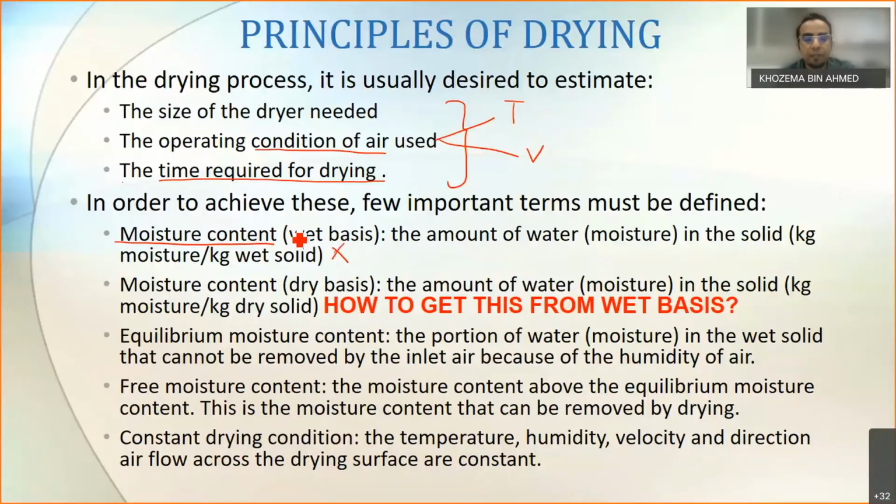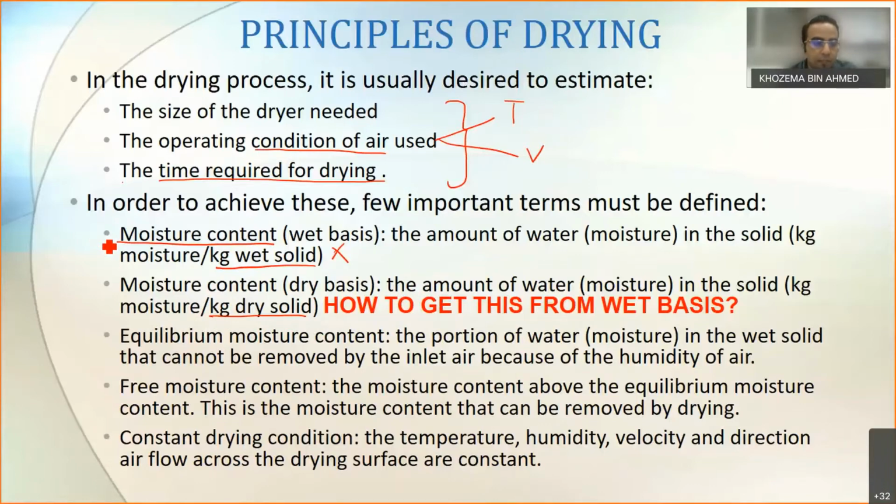Weight basis here meaning that we are actually considering the total mass of your solid plus your water. When we talk about moisture content in dry basis, it is still the same thing. The amount of water in the solid, but the only difference is the unit. The unit here is going to be kg of moisture per kg dry solid.